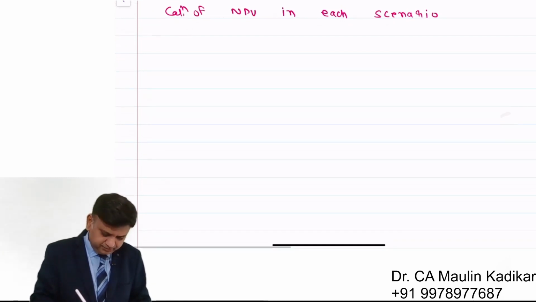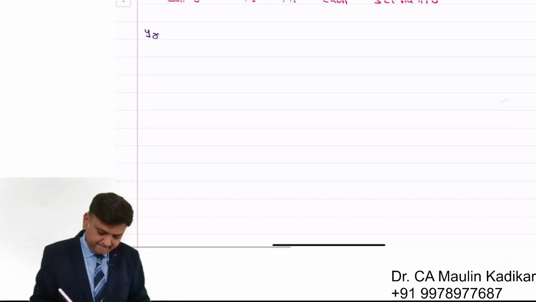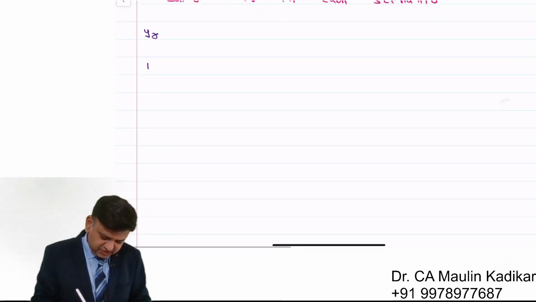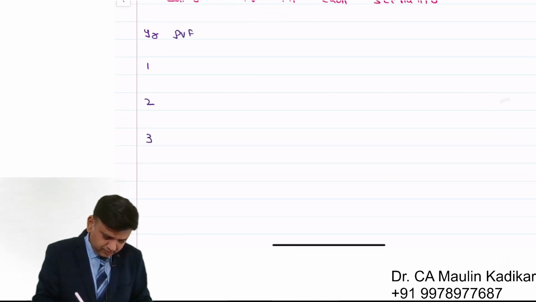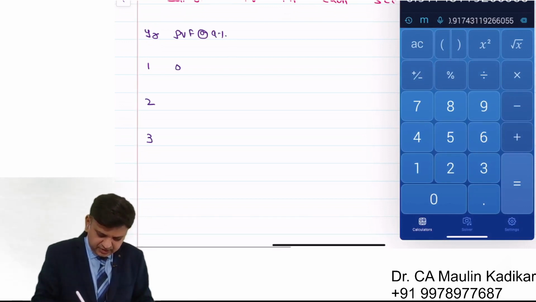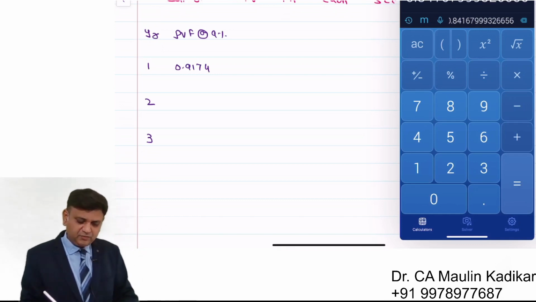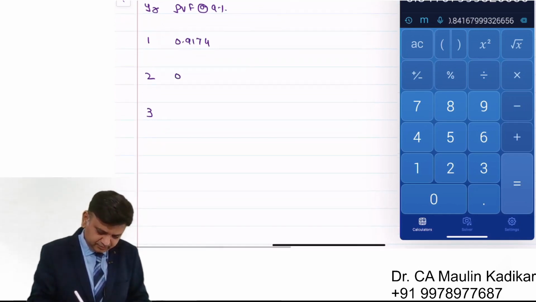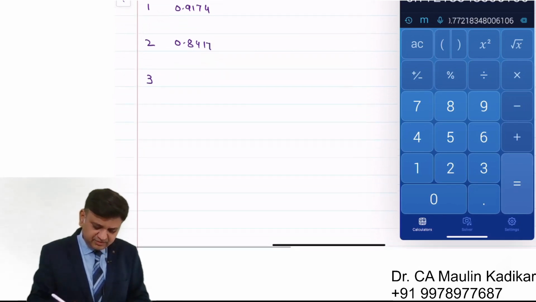In that, write down column number 1 is year: first year, second year, third year. Present value factor at the rate of 9%: 1 divided by 1.09 is 0.9174, 0.8417, 0.7722.